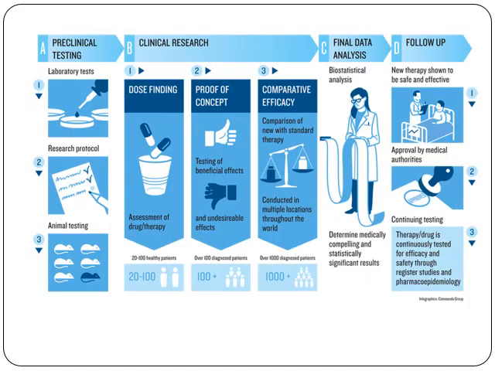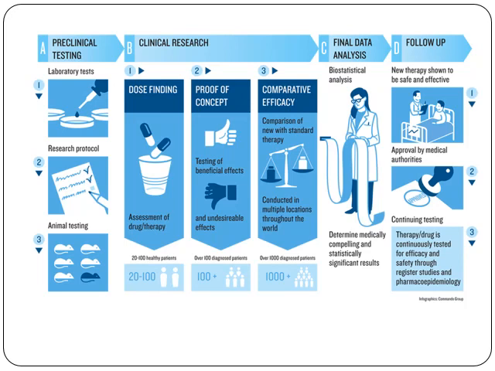Right from preclinical testing, we have the testing which is done on animals, which is called laboratory testing, research protocol, animal testing, dose finding, which is the assessment of drug therapy, proof of concept, which is testing of the beneficial effect of the medicine, undesirable effects, and comparative efficacy, which is conducted in multiple locations throughout the world.